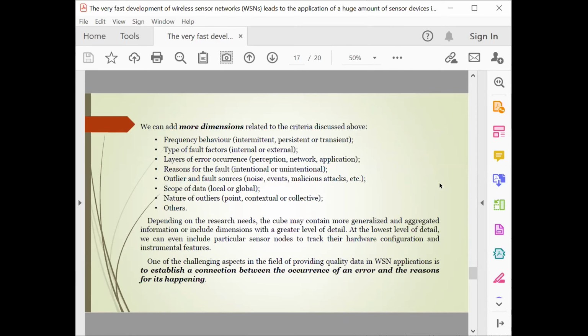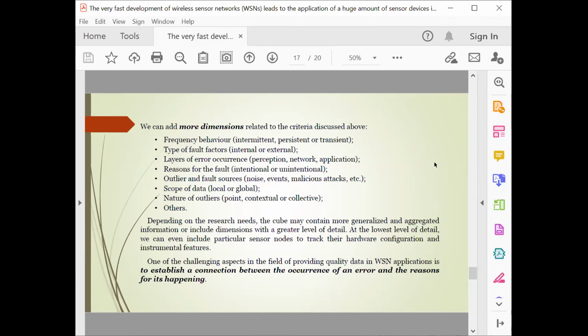Of course, we can add more dimensions related to other criteria like frequency, behavior, type of fault factors, layers of error occurrence, reason for the fault, and some others.